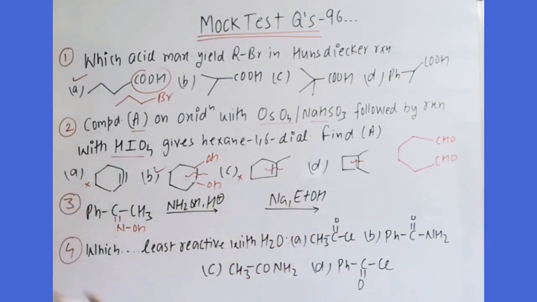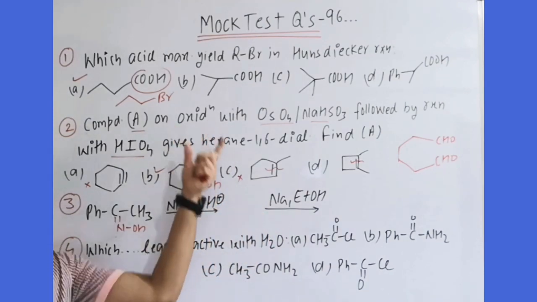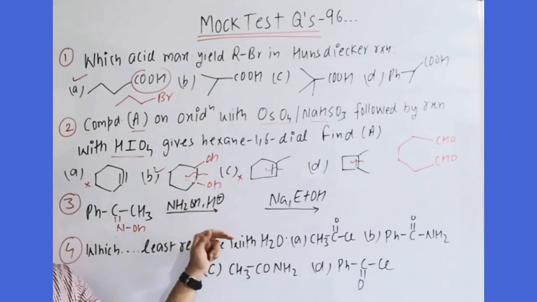Next is sodium in ethanol. In which chapter you have done this reaction? In the amines topic you have done it, in the formation of amines from nitro group and different functional groups.